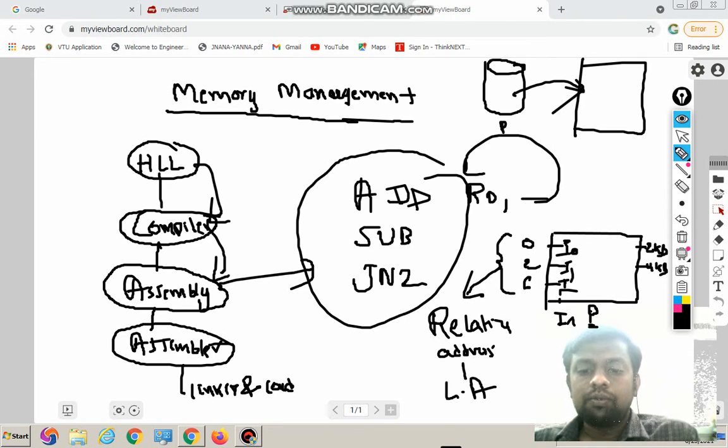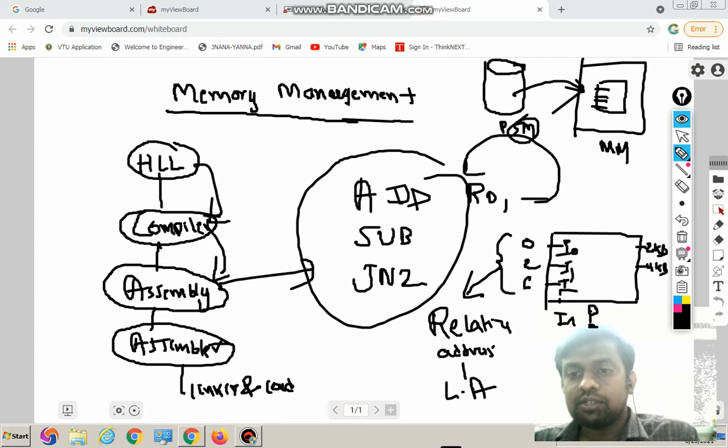Initially the process was in the secondary memory. Now when we load this process from secondary memory to main memory, we have the same process with some instructions and some memory allocated. Now the process will be bound with some addresses. Initially it has a relative address, and now it is bound with more addresses. Let me clear the screen here.